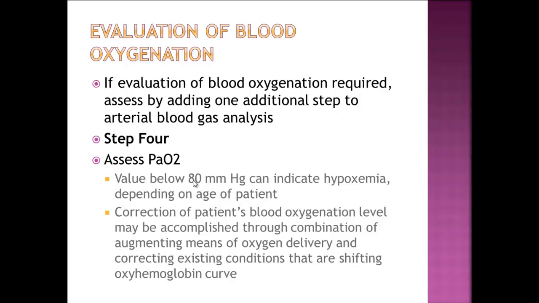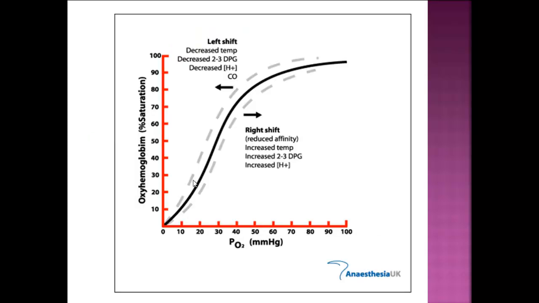Below 80 might mean hypoxemia, depending on the age of the patient. And correction of this is accomplished by giving more oxygen. We augment the means of oxygen delivery, and then we try to correct anything that might be a problem, for example, conditions that might shift that oxyhemoglobin curve.